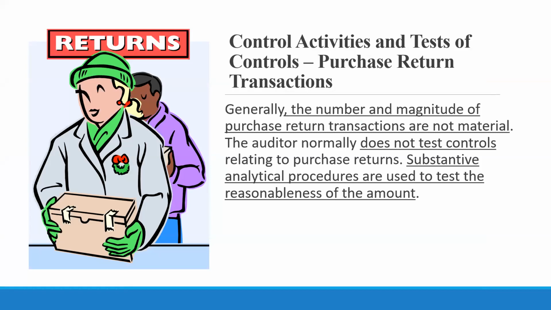Yearly, this account might not be a very big account for any type of business. But if in one company you realize they do have a very big purchase return, what will be the implication?